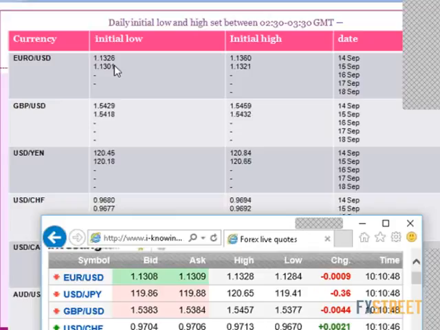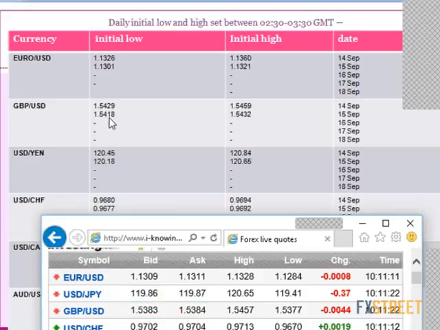In the case of GBP, 1.5418 was the initial low and 1.5432 was the initial high. They just breached the initial high about 25 pips, 1.5457, and then started coming down quickly, breached the initial low, and are staying below the initial low now, at 1.5383 and holding around 1.5383.